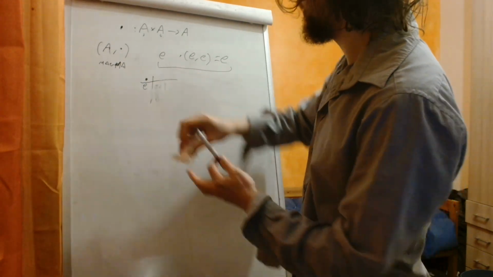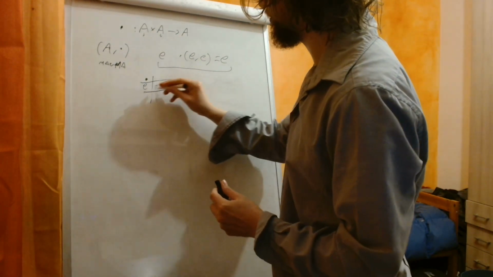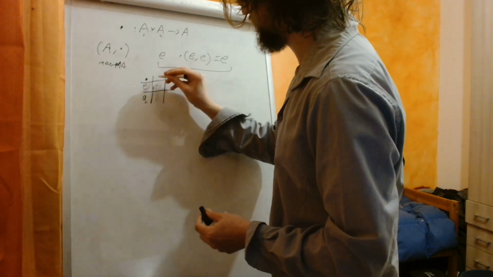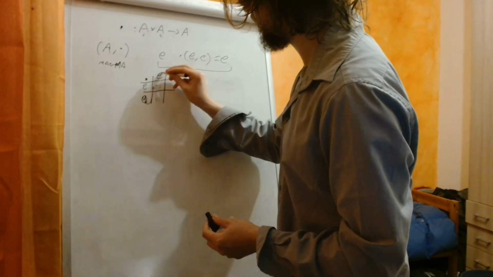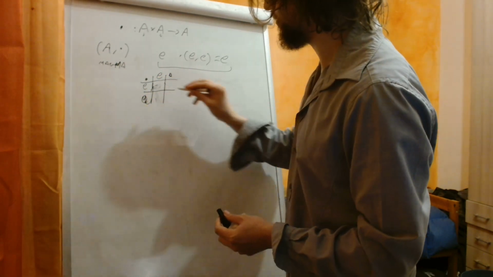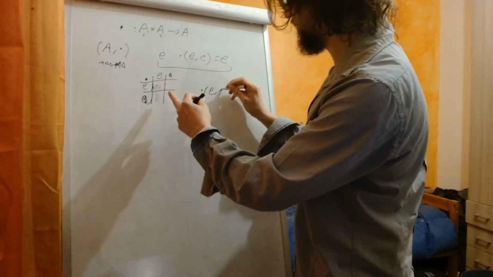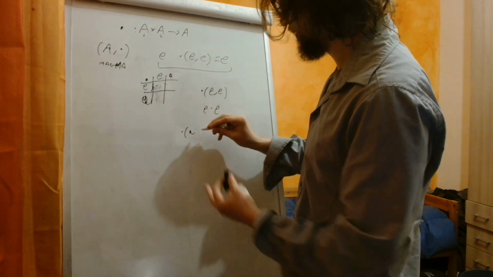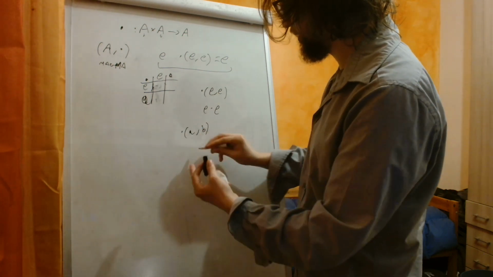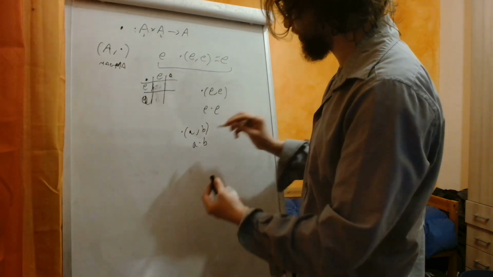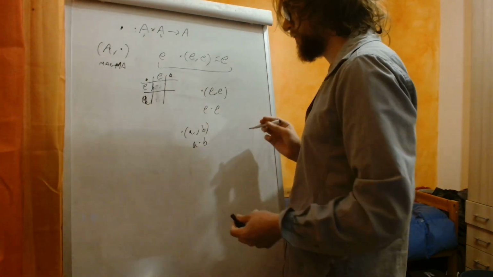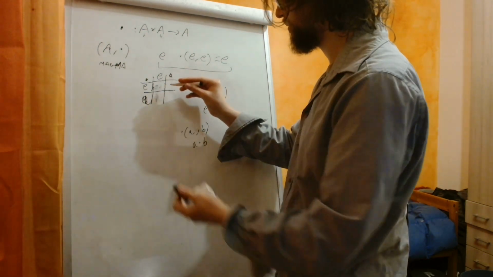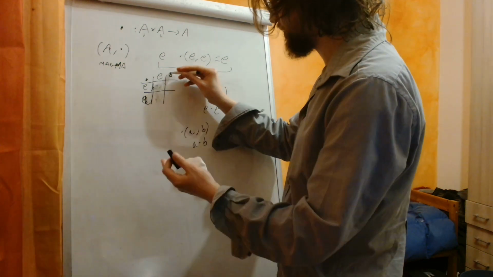You have here two rows and two columns if you have two elements in the magma, E and A, and in this place you put the operation A times A. Usually we write the operation of A and B as A times B, which is usually more convenient. And so here it can only be an element of the set because it's closed.